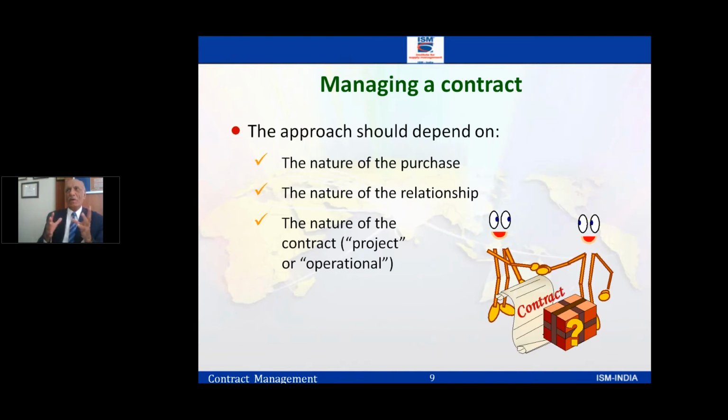Now, when we talk of contract management, depending on the complexity, the nature of the purchase, and the type of relationship you want, whether an arm's length relationship or a very close, partner relationship, the contract management approach will change. That's what you have to keep in mind.